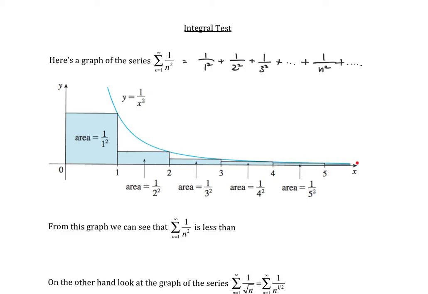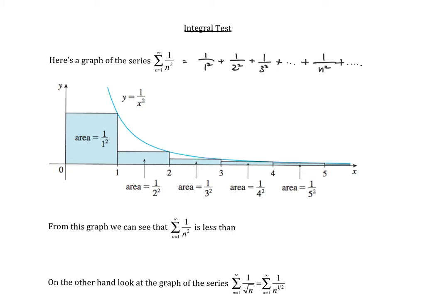Then I want to take each term of this series, and this term can be represented with an area, which in this case is a square. And then the next term, 1 over 2 squared, can be represented with the second square over here. Or rather, this is a rectangle. And then we have subsequent rectangles representing the other terms.